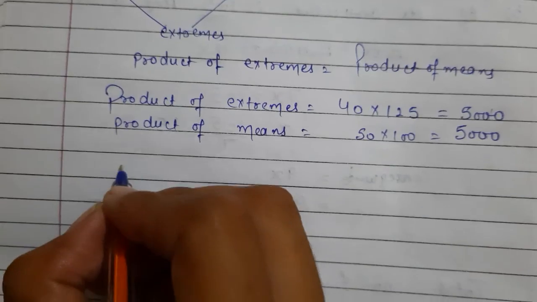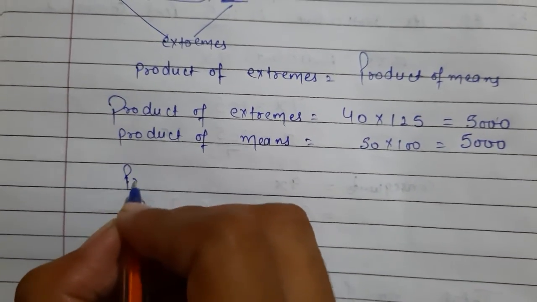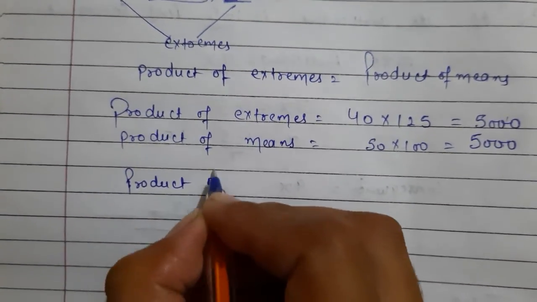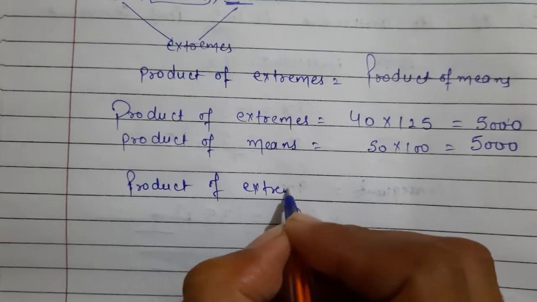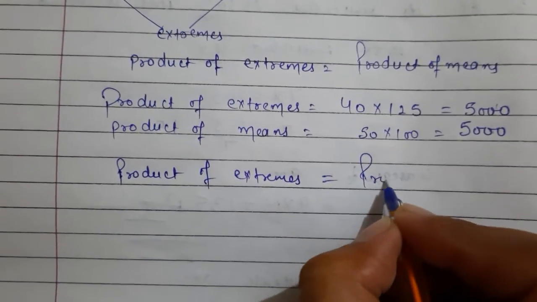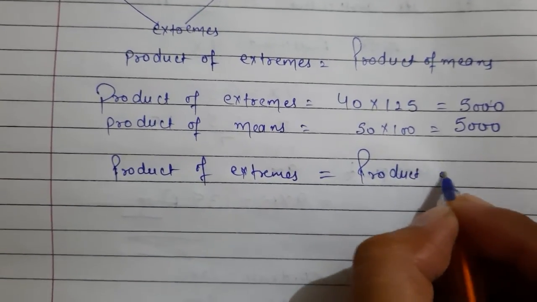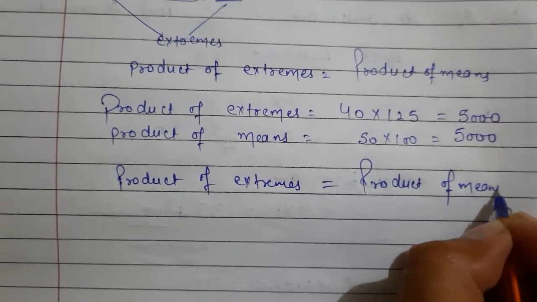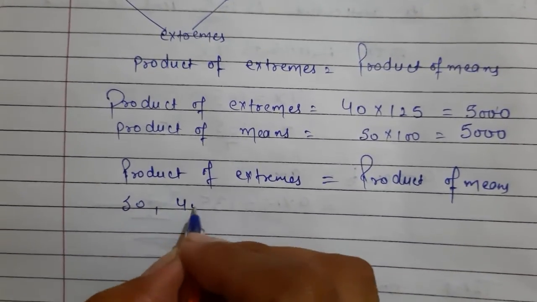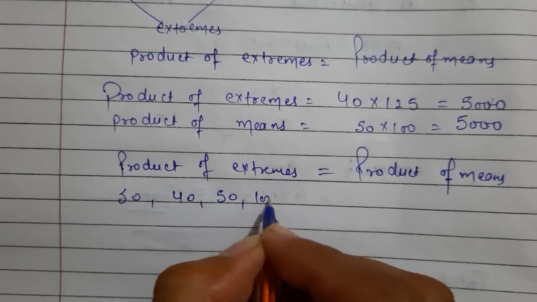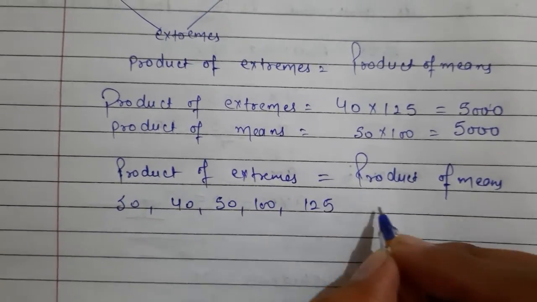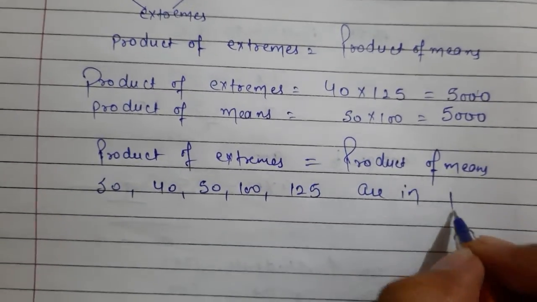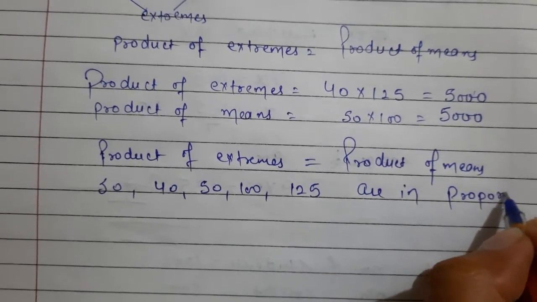Both are equal, so we can say product of extremes equals product of means. So 40, 50, 100, 125 are in proportion. Clear to all?